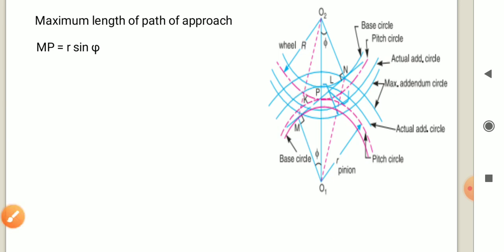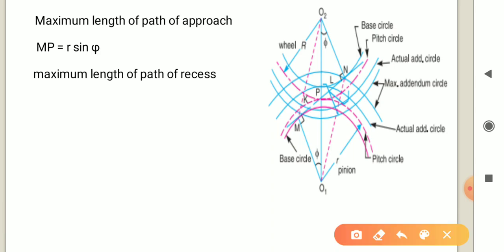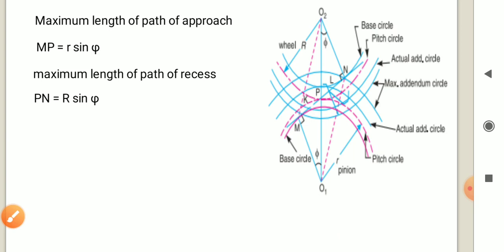Next, the maximum path of recess. Earlier it was PL; to avoid interference, the maximum path of recess will be PN, and this PN is capital R into sine of phi.